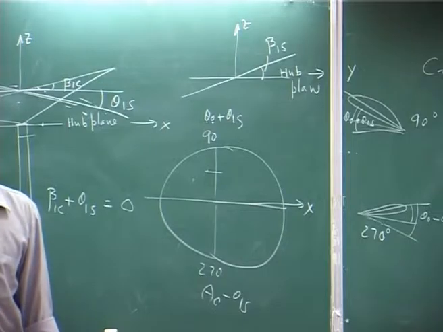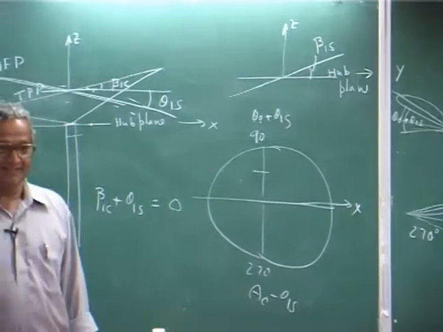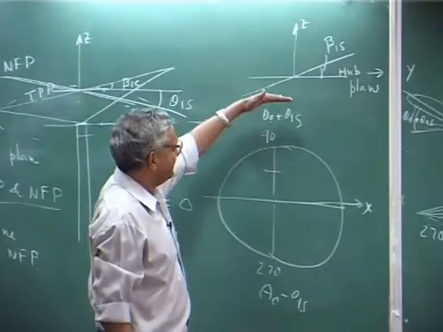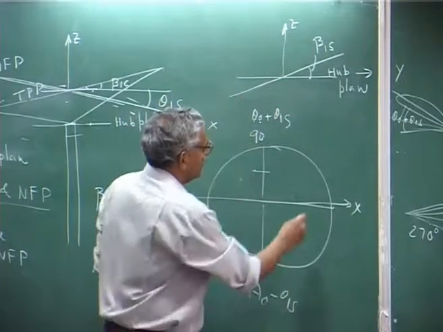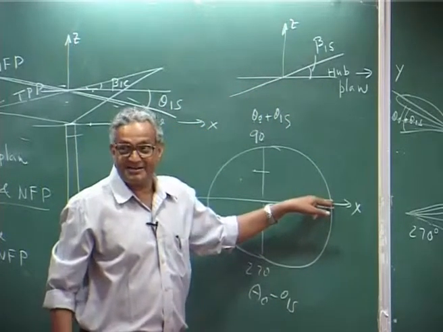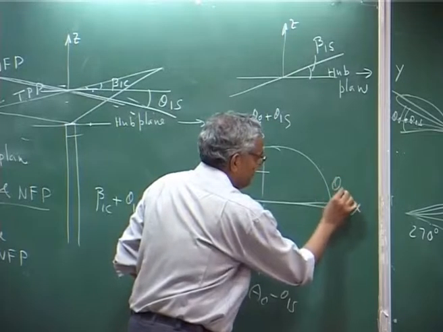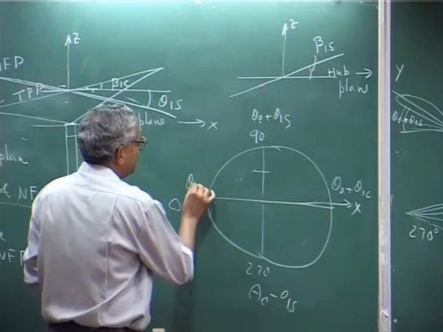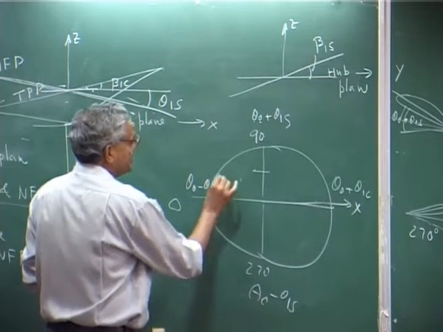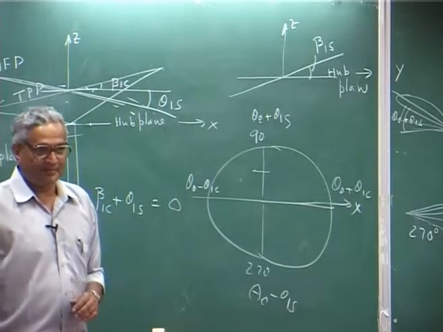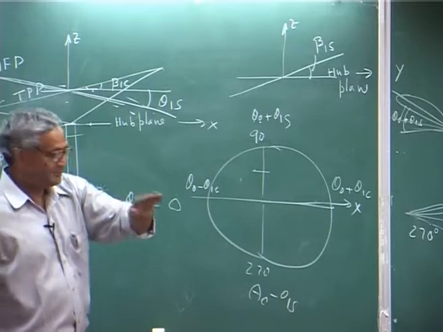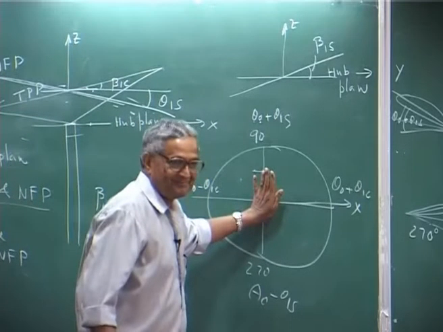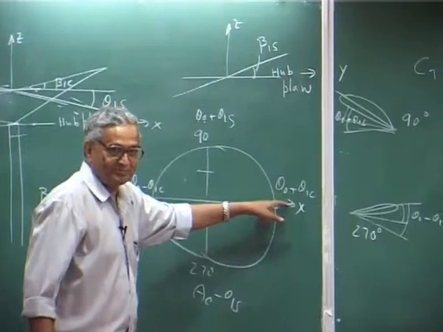And theta 1c will be, because you are looking this way, here you would have added theta naught plus theta 1c. Here it is theta naught minus theta 1c. Okay. So, you will tilt the plane like this, because it is more pitch angle.